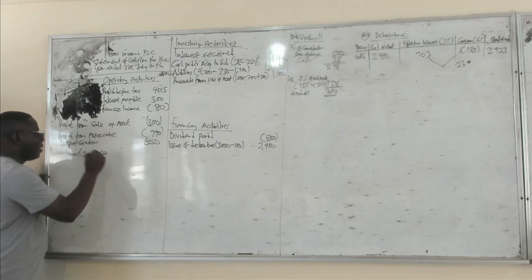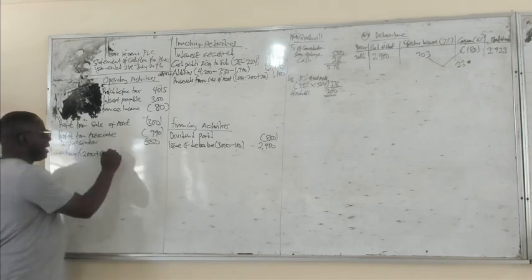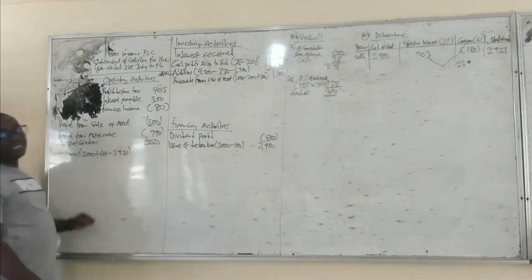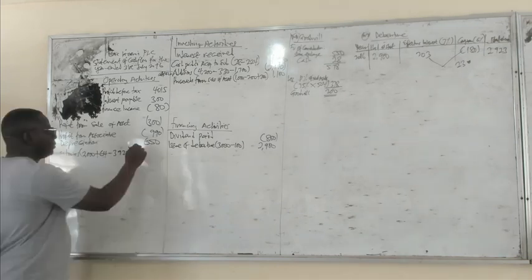It means that our inventory figure is supposed to be 2,064. But what was the balance at the end? 3,930. It means that our asset inventory has increased. It's going to be a cash outflow.